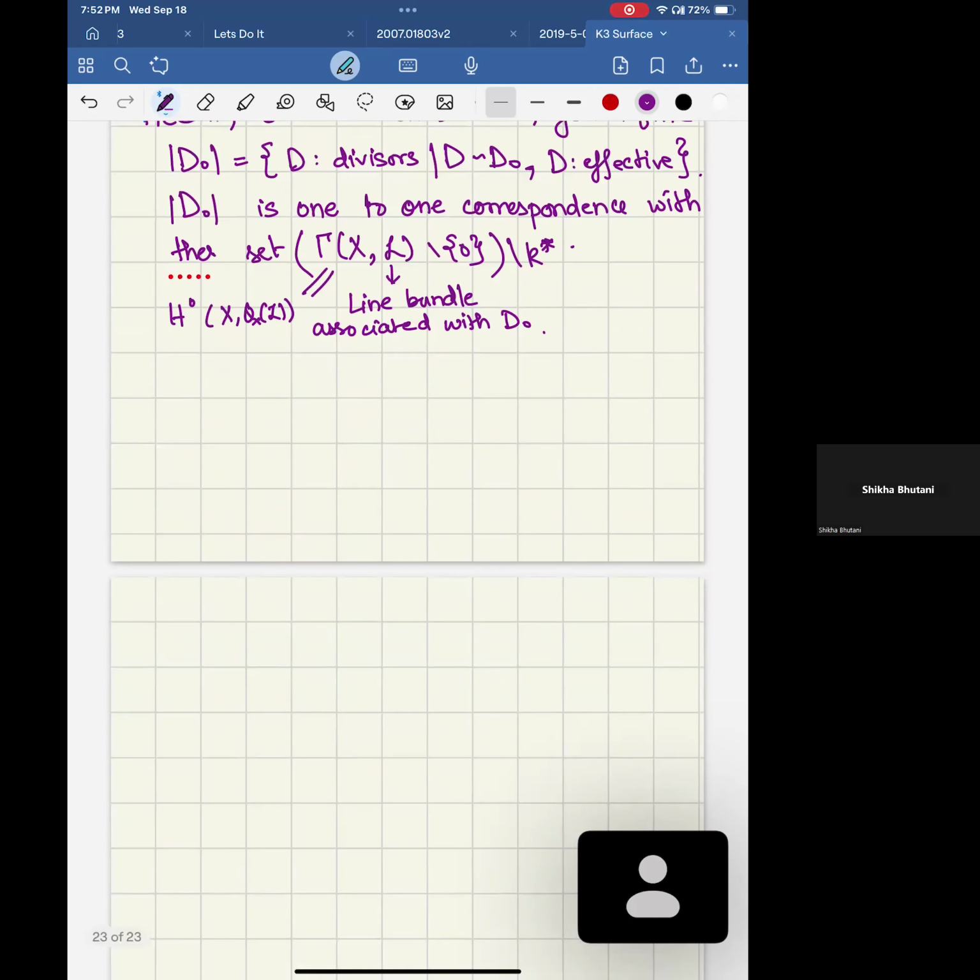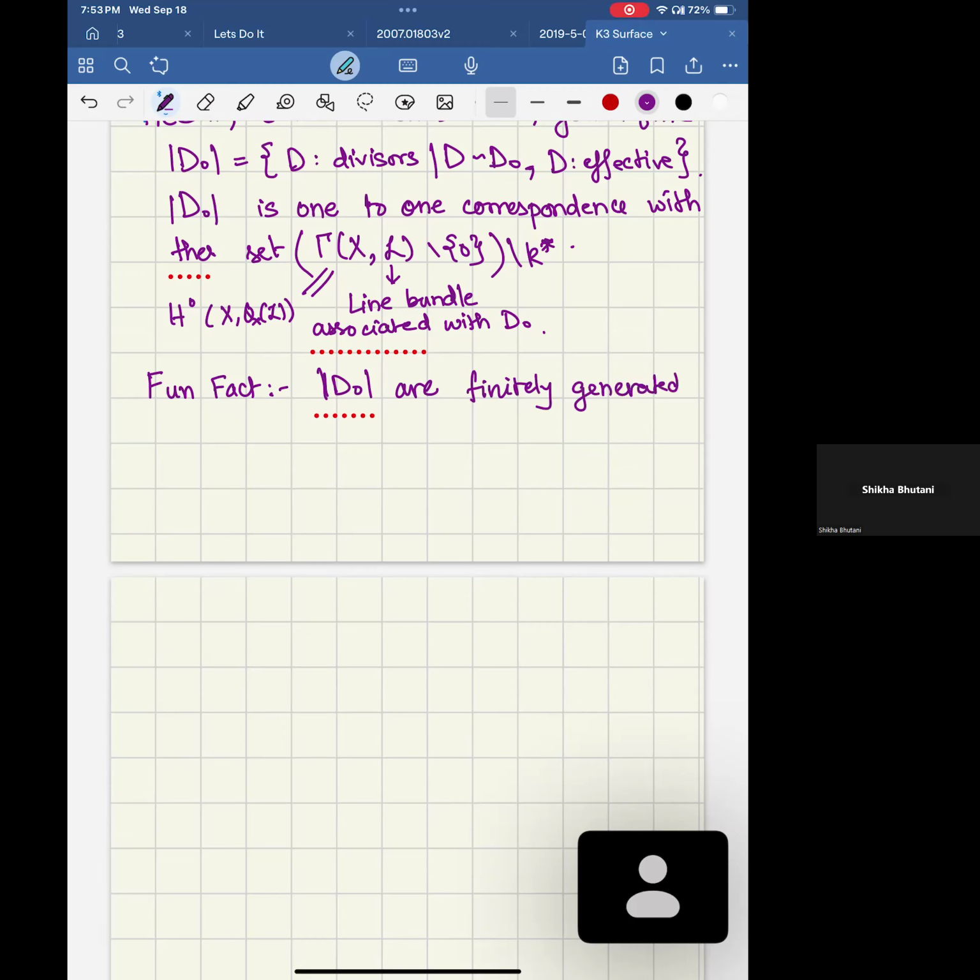Okay. So how are these linear systems useful in producing a map from X to something else? There is this fun fact about this complete linear system, that it is finitely generated.